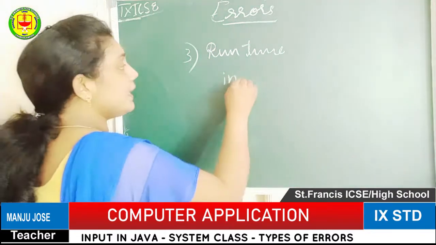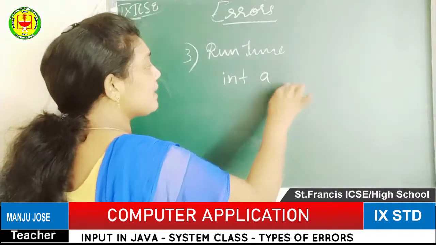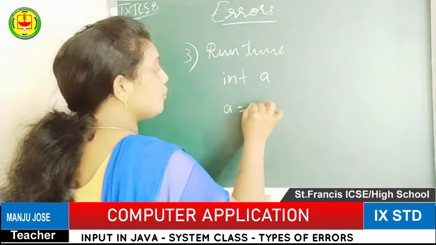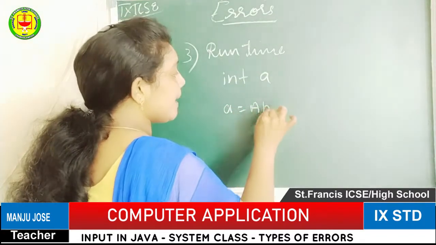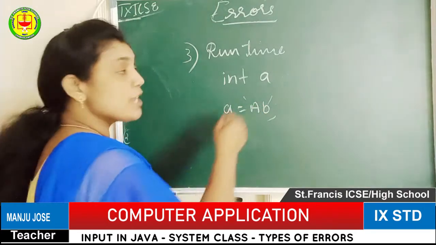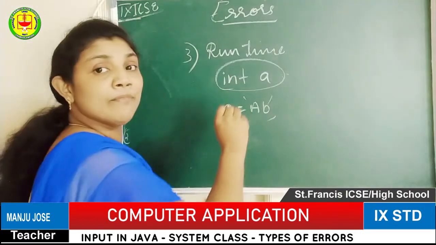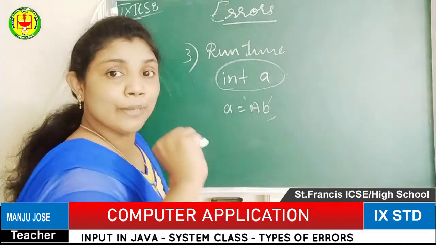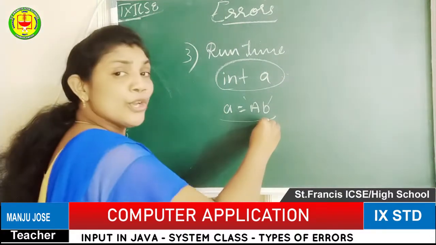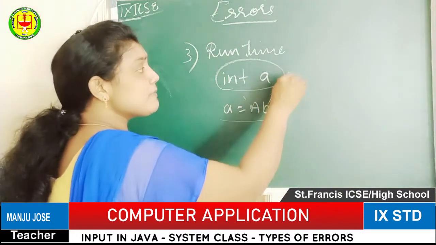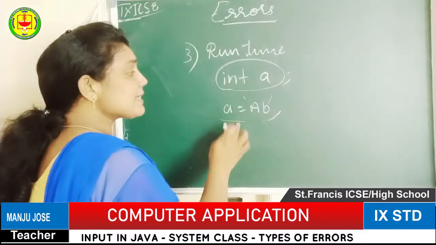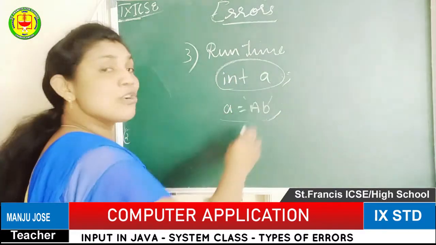Okay, how it works, we can see. I have given integer a, and a equal to ab I have stored. The type of the variable is integer, so we can store only a numerical value, but I have tried to store a character value. The statement, the syntax and everything will be proper, and the logic is also correct.